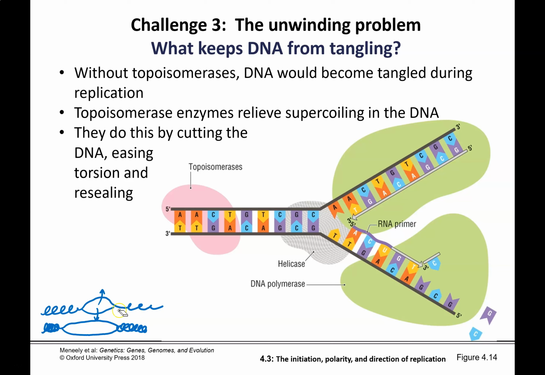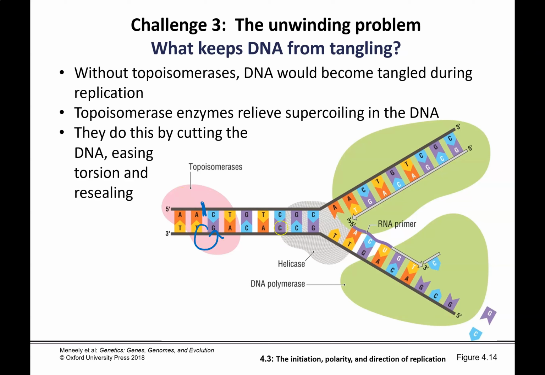So without those topoisomerase enzymes, you are actually going to supercoil your DNA down here and end up breaking your DNA. So topoisomerases come in and actually make a single strand break and then allow the molecule to rotate around the other strand to release some of that tension and then seal it back together.